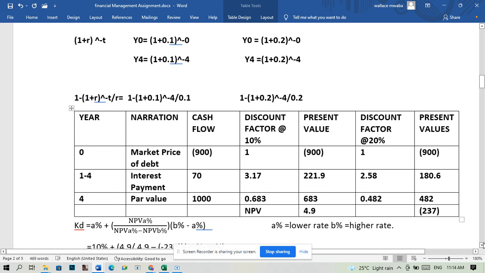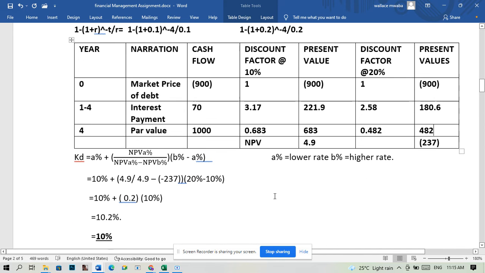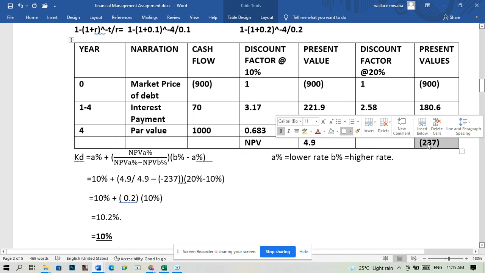So once we found both our present values, we're now going to add it to our formula, which says that cost of debt equals A% plus NPV A% over NPV A% minus NPV B%, open brackets, B% minus A%. A% represents the lower rate, so our lower rate is 10% here. B% represents our higher rate, which is 20%. NPV A% is the net present value with the lower rate, and NPV B% is the net present value with the higher rate.